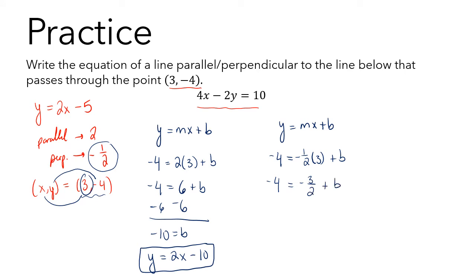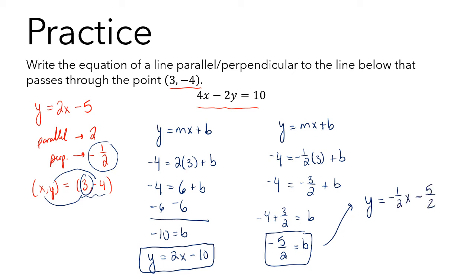I'm going to add 3 over 2 to both sides, so I get negative 4 plus 3 over 2 equals b. I got to solve this, and it's negative 5 over 2 equals b. So my final equation is going to be y equals negative 1/2 x minus 5 over 2. And that is the perpendicular one to this equation passing through this point.